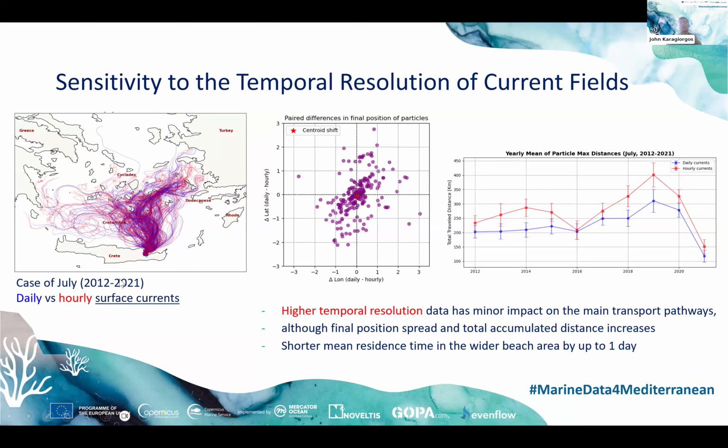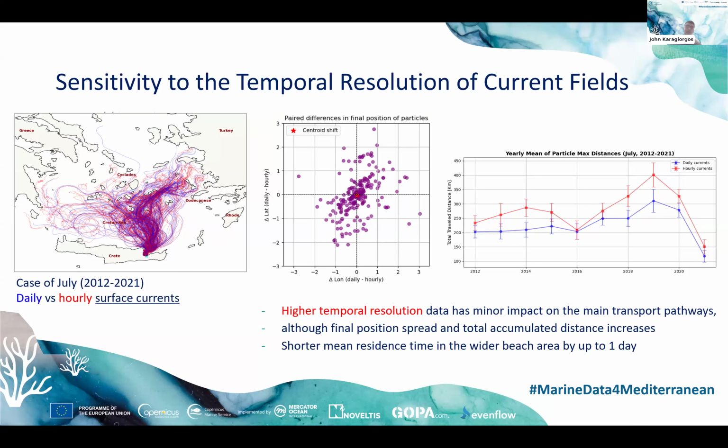But when we look closer, hourly currents increase the final position spread of the simulated particles, and also increase the total accumulated distance, with differences up to 100 kilometers in some years.